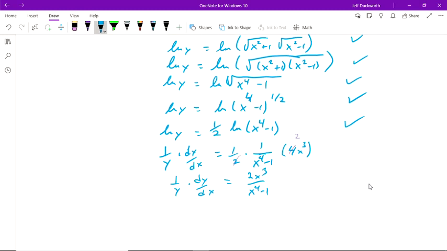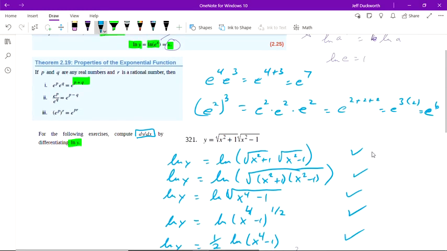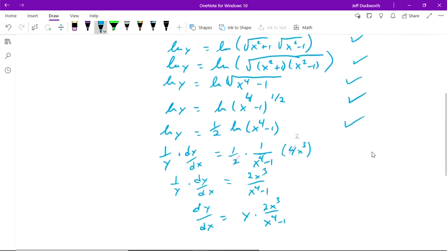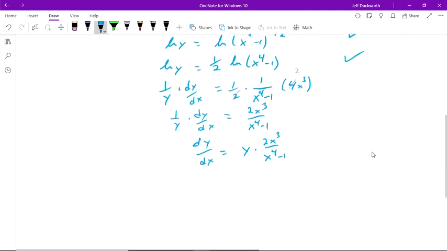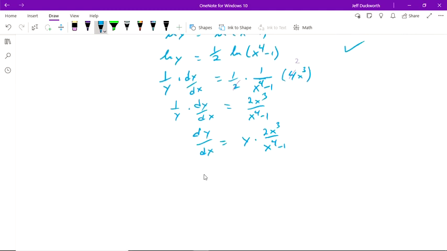So we're going to multiply through by y. And then we can substitute our y, if we so choose. So that whole thing, which we've already established is root x to the 4 minus 1.